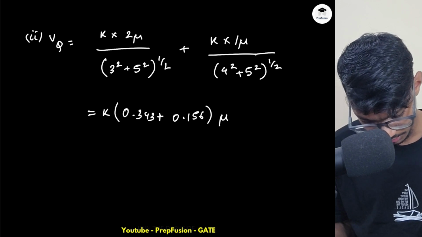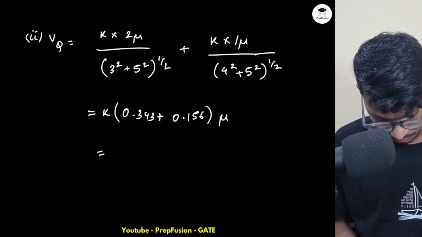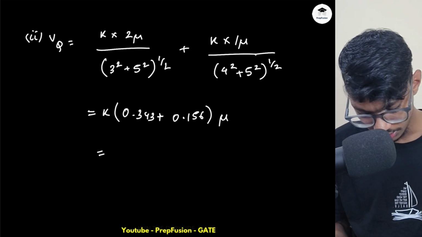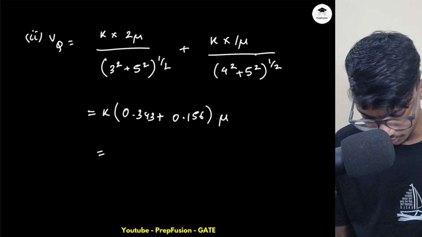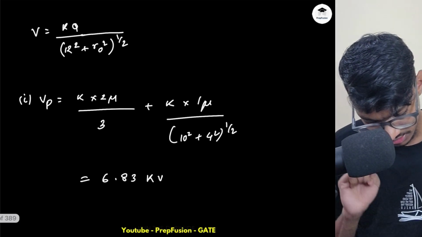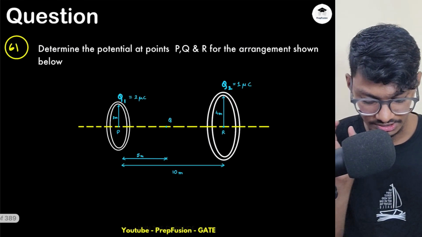K micro, correct? So if I add this with 0.156 into 9 it should give me 4.5. So this will be 4.5 kilovolt. So this actually has reduced. Between the two rings, the potential is actually lower.